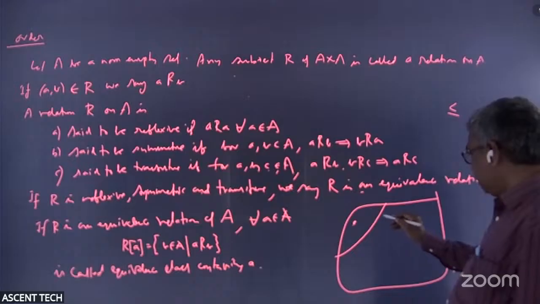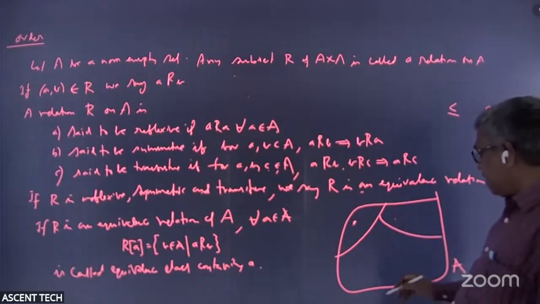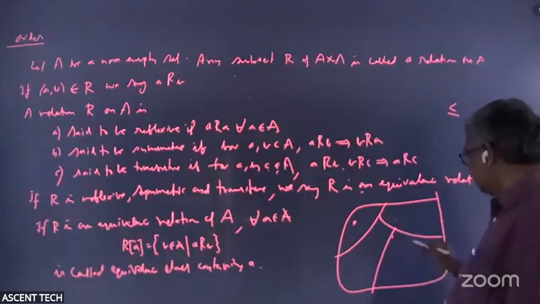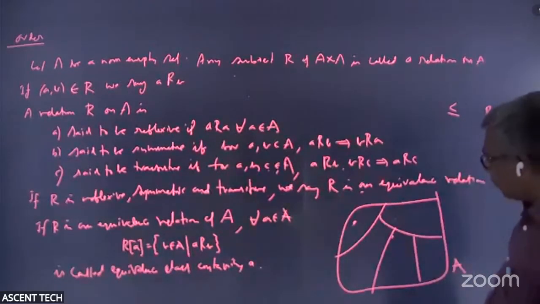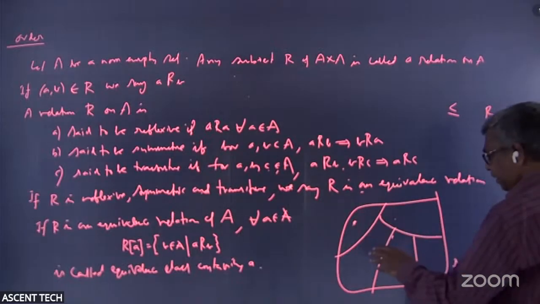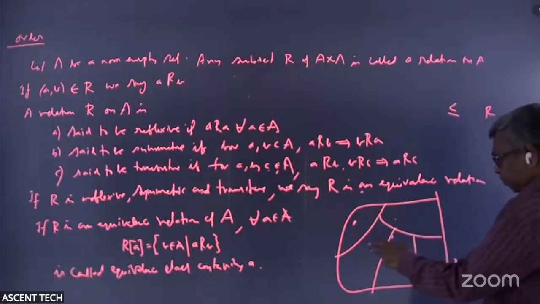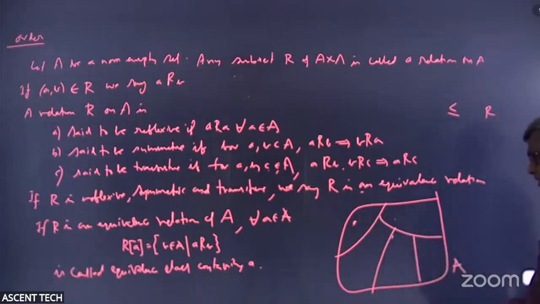So b has its own equivalence class, and c will have its own like this. Once you are talking about equivalence classes, the whole space will be separated into equivalence classes: all the relatives of a, and some other element which is not in there, their relatives, and so on.